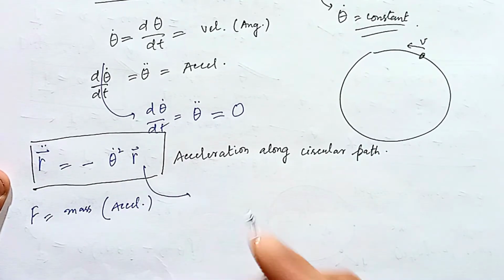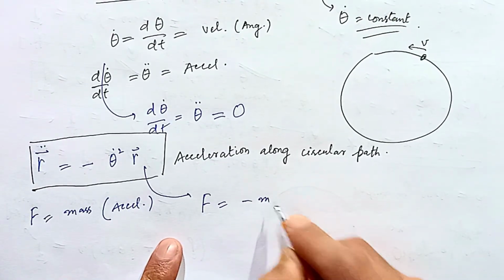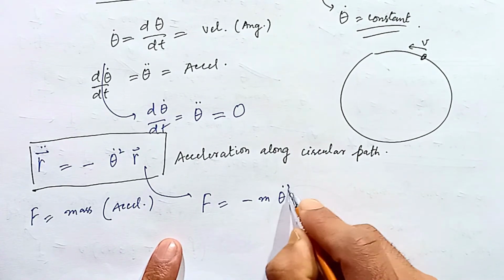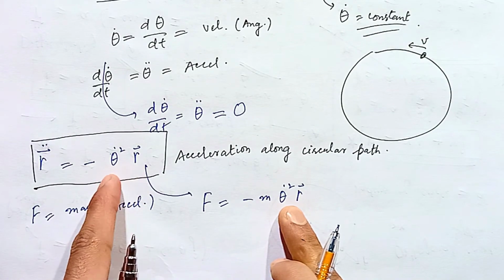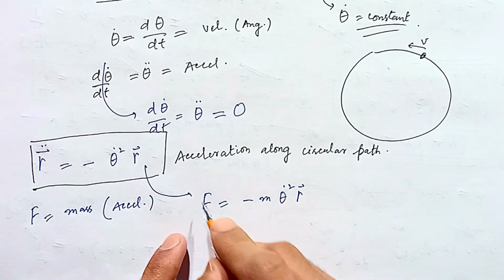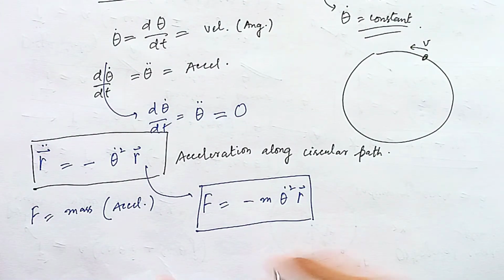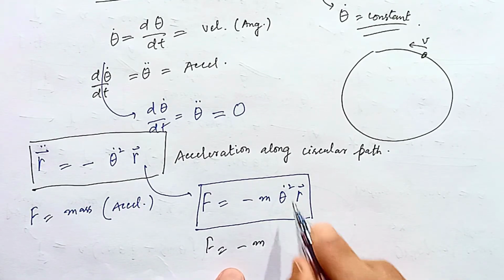So in this case, F will be equal to minus the mass of the body times theta dot square r vector, because acceleration here is minus this. It is also written as F equals minus m theta dot square r vector.